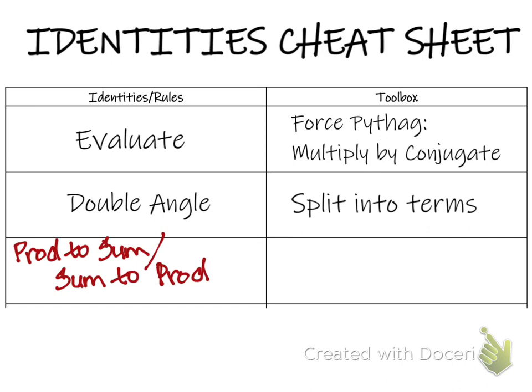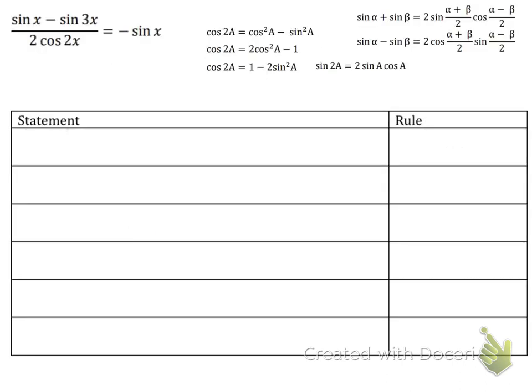I think those are the same ones, so I don't think you have to distinguish between am I going product to sum or am I going sum to product. Okay. So it's going to be pretty normal that we're doing the sum to product or product to sum first. That'll be our first step because we've got to turn it into something we can work with, right? And it's not going to be odd for us to be using even odd, right? Because when we subtract those angles in there, we might end up with an even odd.